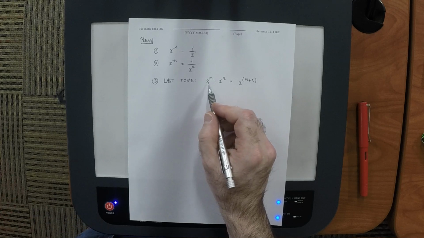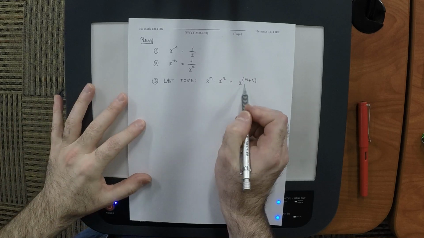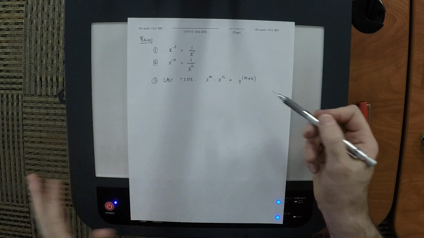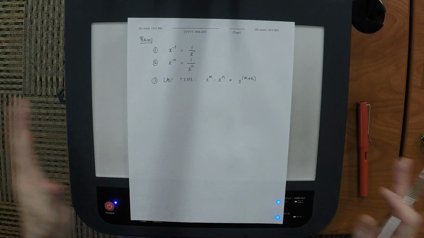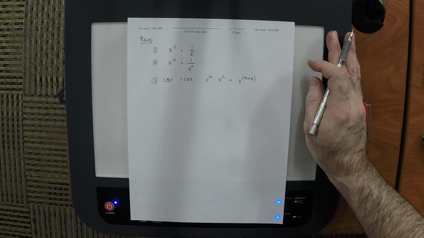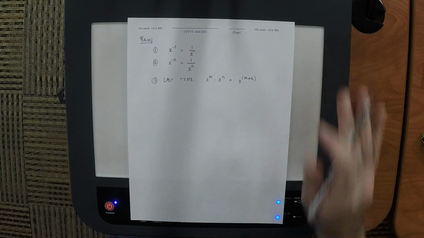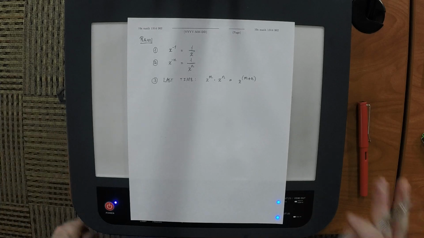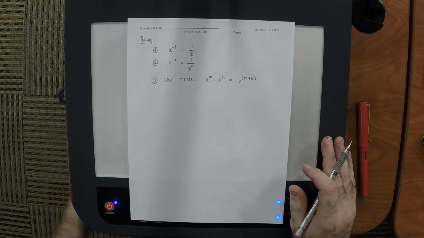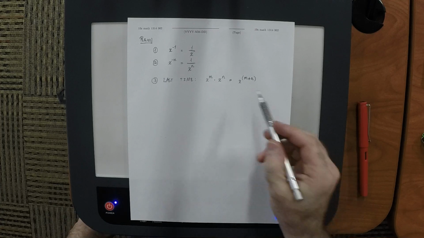So this is just one long string of x's all multiplied together. And how many of them are there? Well, that many. This is just the math way to say the thing that Miss Harris said in fourth grade, or first grade, where she said, Sally has 10 apples, and then Bruce comes along and he has 7 apples, and all together they have 17 apples. That's what that's saying.